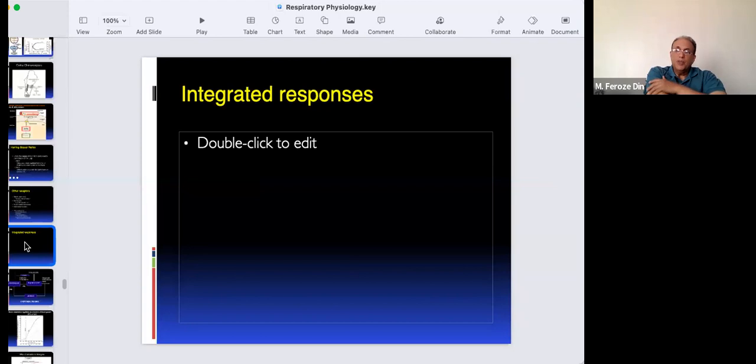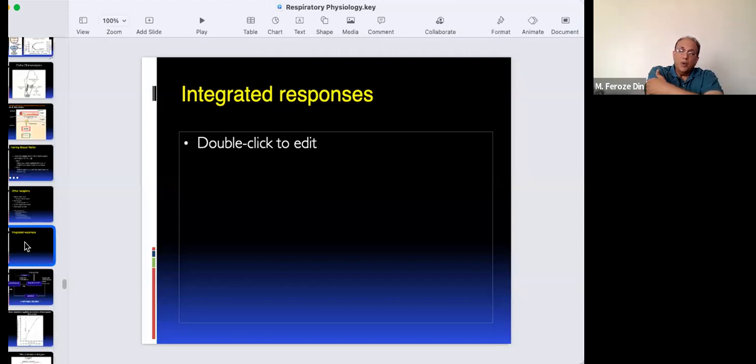So we have looked at the controller, the respiratory center. We have looked at what it can control. It's simply controlling the rate and depth of respiration. And either it is increasing or reducing the rate or depth of inspiration and expiration.